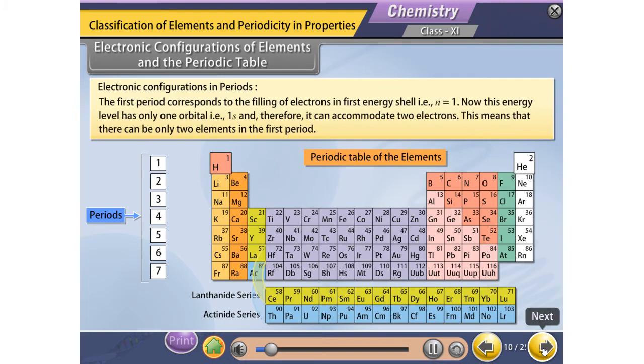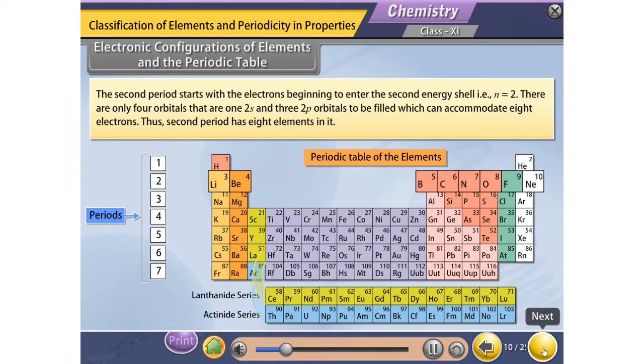The first period corresponds to the filling of electrons in the first energy shell, that is, n equals 1. This energy level has only one orbital, 1s, and therefore it can accommodate 2 electrons. This means that there can be only 2 elements in the first period.